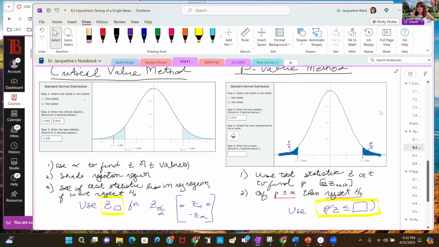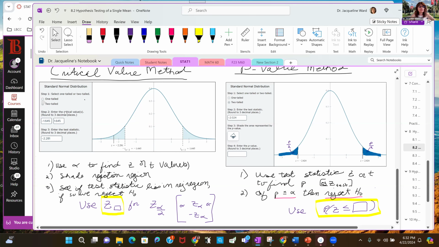And in the lecture notes here, I have in section 8.2 a little side-by-side comparison, because I think sometimes that's really helpful. For the critical value method, I just wrote down three brief steps. You use alpha to find z or t values, and then you shade in the rejection region.